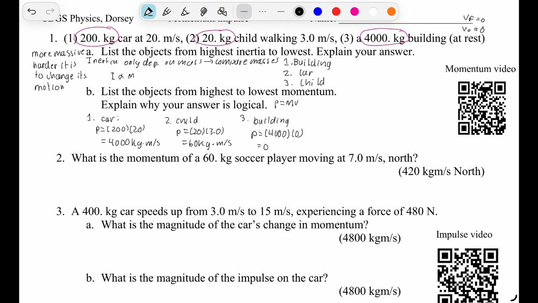This makes sense because even though it has a large mass, it has 0 velocity. When you're calculating momentum, you take into account both. Momentum requires both mass and velocity.